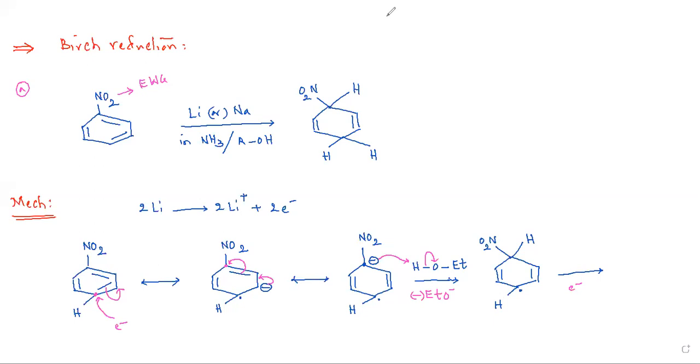Let us add that electron to this. Now even this also becomes a negative charge. Negative charge is nothing but two electrons.